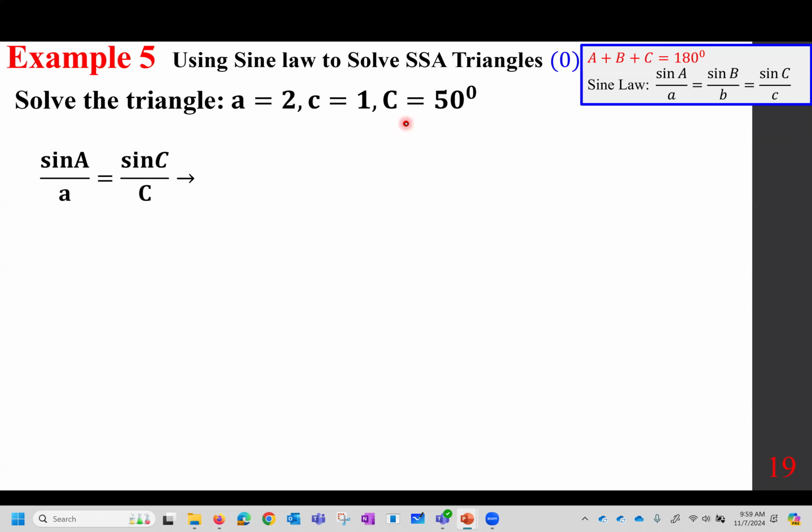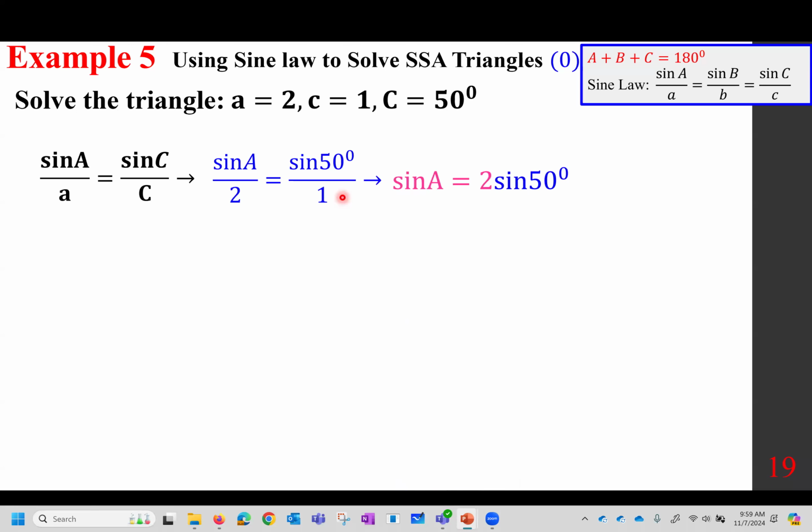Sine A over A is sine C over C. So sine A over 2 equals sine 50 over 1. And sine A is the product of these two, divided by 1, so sine A is 2 sine 50.